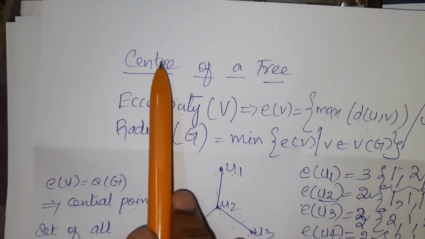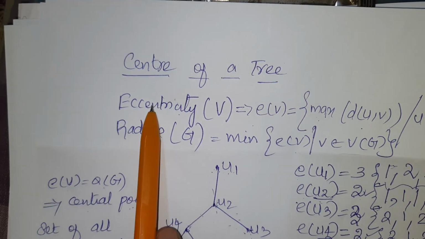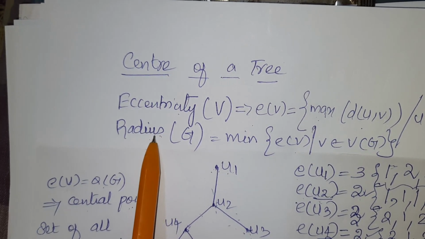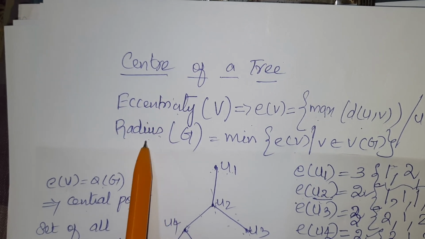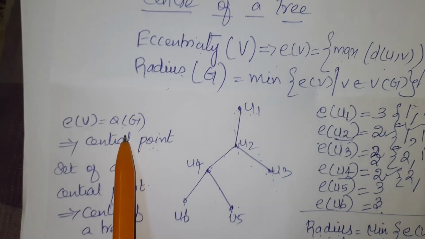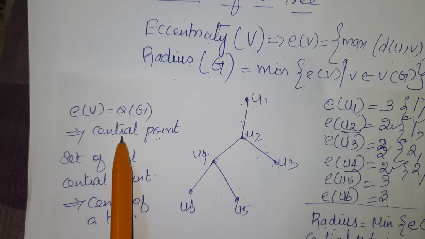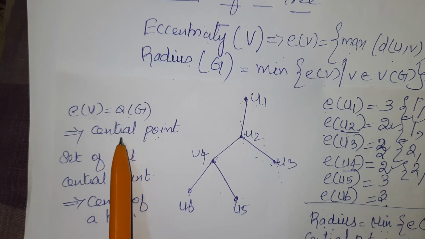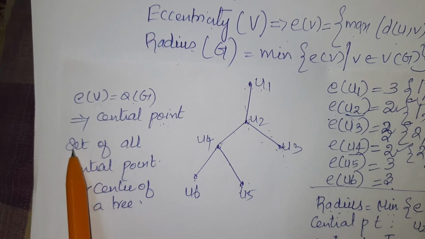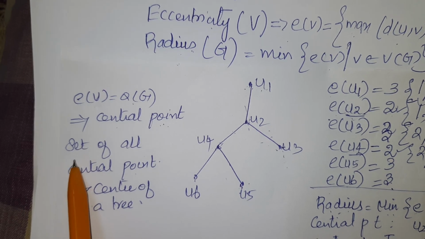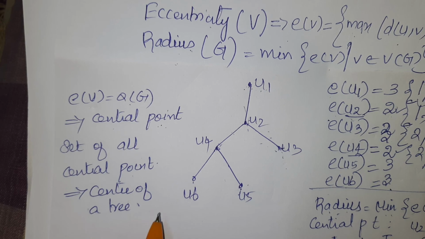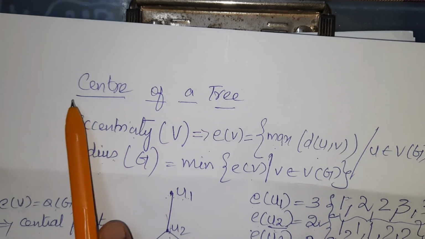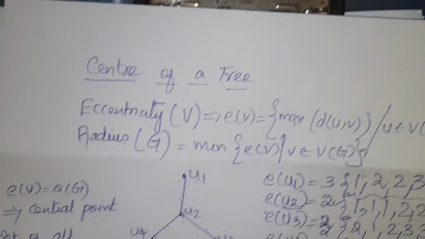To define the center of a tree, basically we should know what is eccentricity and what is radius. So we find eccentricity, we find radius. Then we get the central points and represent them in the form of a set. So the set of all central points is called the center of a tree. So this completes the concept of the center of a tree.